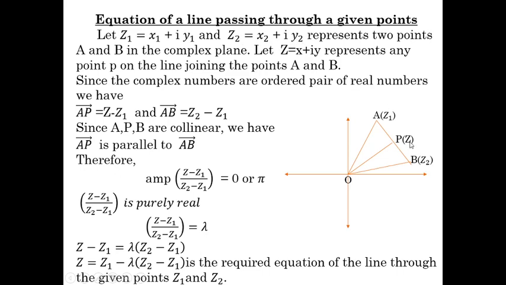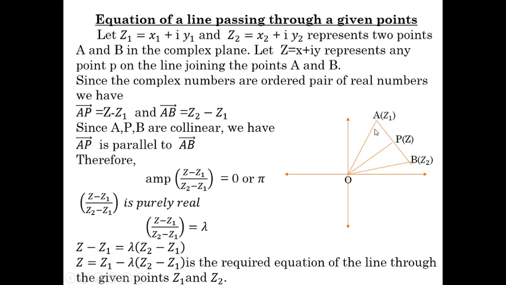Here P(z), z = x + iy, represents any point P on the line joining the two points A and B. The vector AP = z - z1 and the vector AB = z2 - z1. Here the points A, P, B are on the same line, therefore these are called collinear. Therefore vector AP is parallel to vector AB.